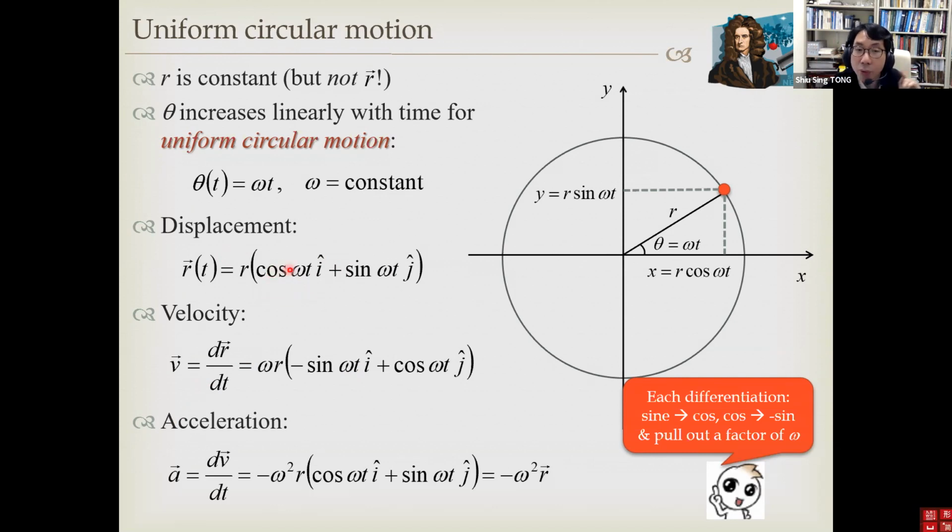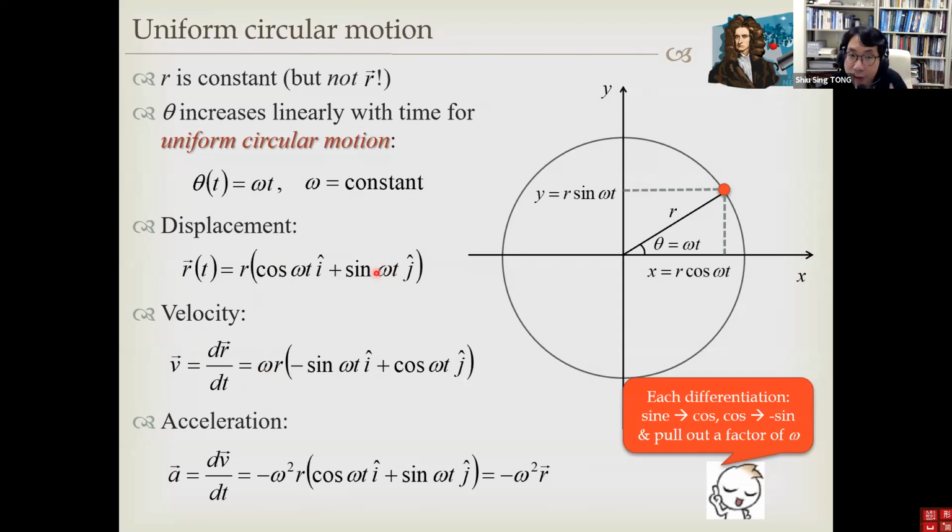We differentiate the cosine with respect to omega t first, and that gives you a minus sign. And then you differentiate the omega t with respect to t, and that gives you a factor of omega. Is that right? So after doing it a few times, you will soon realize that the differentiation is nothing but you turn the cosine into a minus sine, and you have an additional factor of omega.